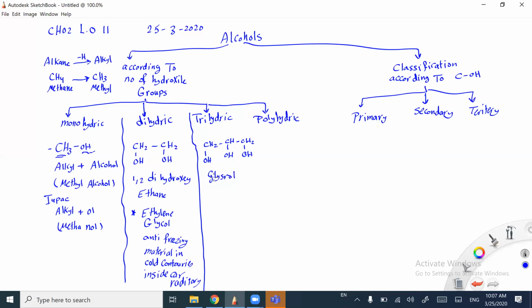Glycerol is one of the compounds used as a moisturizer for the skin, and according to the IUPAC name, it will be 1,2,3-trihydroxy propane.